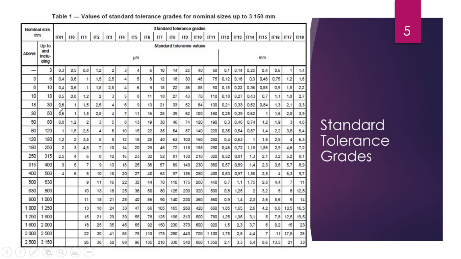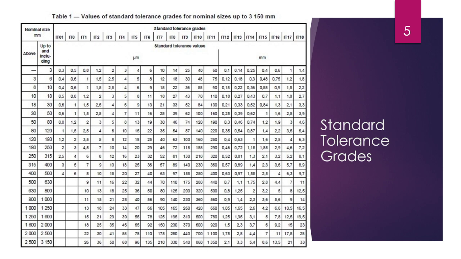Here you can see that at the highly accurate level, 01, we have 0.6 micrometer to play with; the tolerance is 0.6 micrometer. When you go further, let us take IT7, we have here 21 micron.